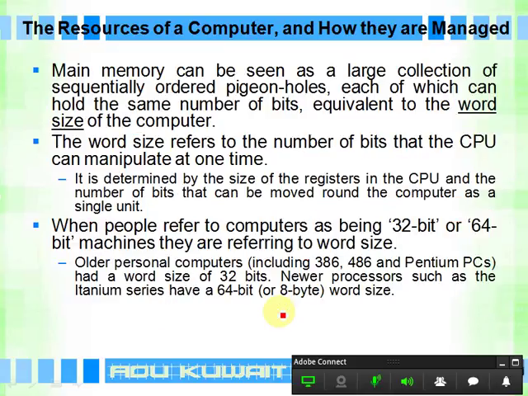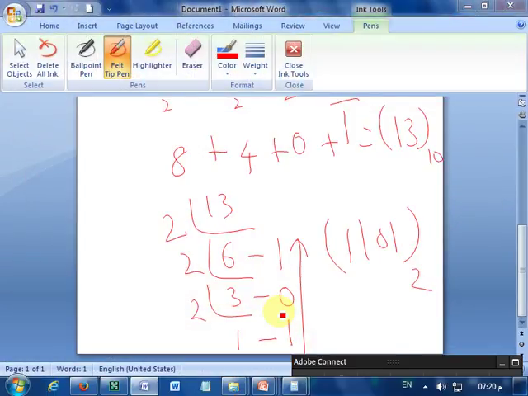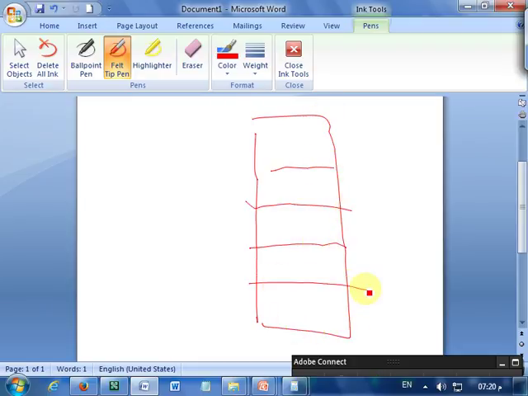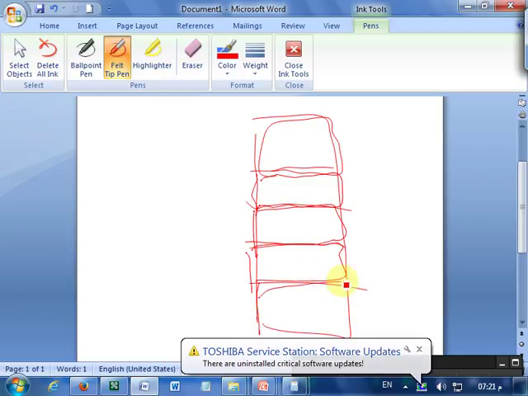Main memory, how can we think of main memory? We can think of it as pigeonholes, where every block is a block. It can have more blocks.